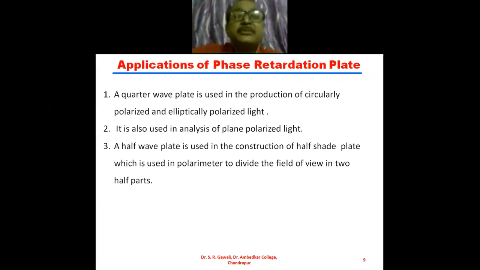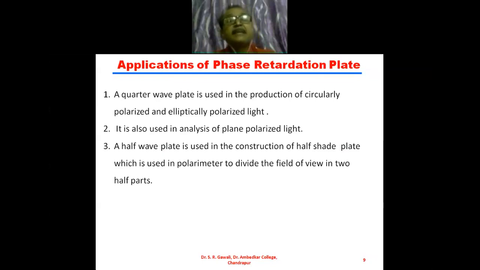The quarter wave plate is used for this. Another application of the phase retardation plate is in the analysis of plane polarized light, to check whether the incident light is plane polarized or not.